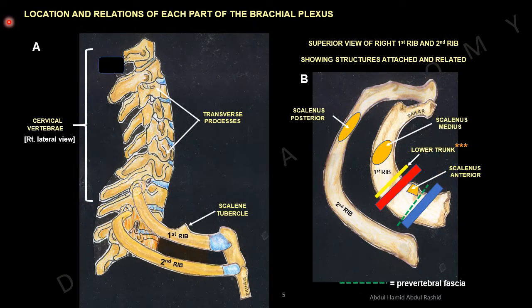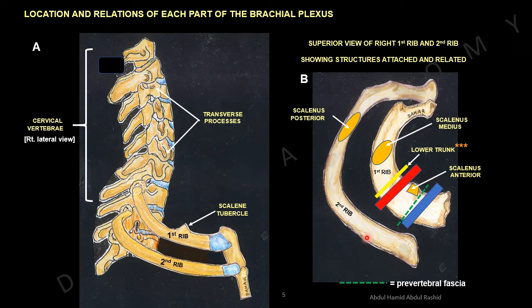Location and relations of each part of the brachial plexus. We have 2 diagrams here. This is right lateral view of cervical vertebrae, first rib and the second rib. This is superior view of first and second right ribs.